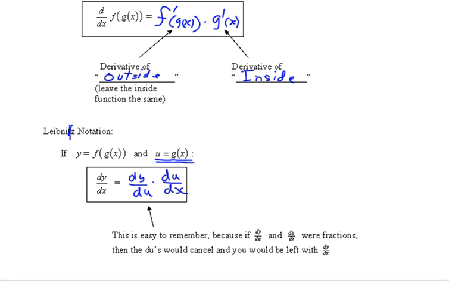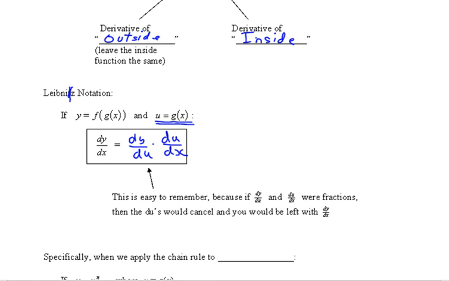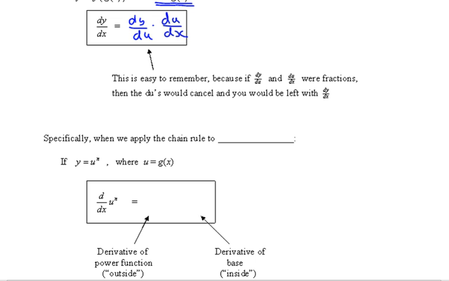Now, your teacher has this on here, which is correct. This is easy to remember because if dy over du and du over dx were fractions, the du's would cancel. And of course, canceling the du's gives you dy over dx. So Leibniz came up with that notation for the chain rule.